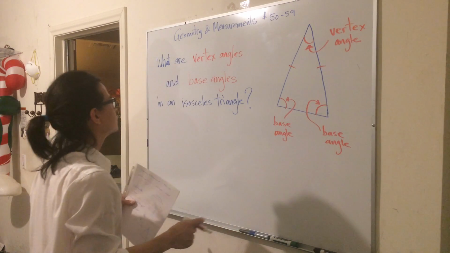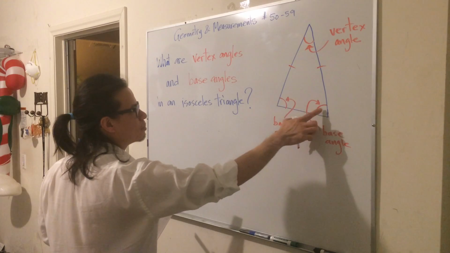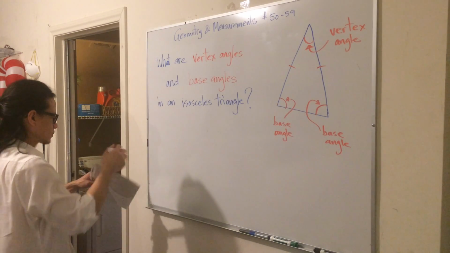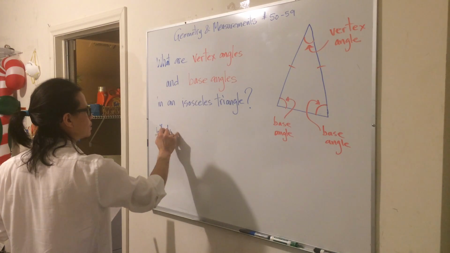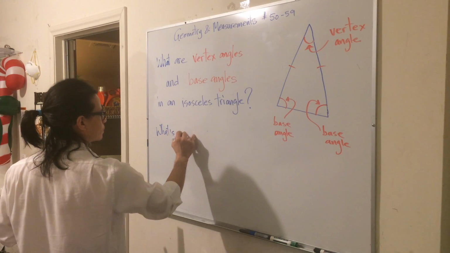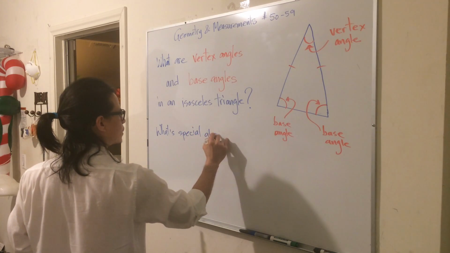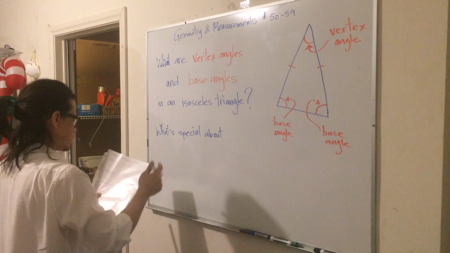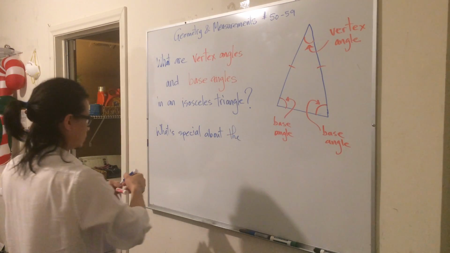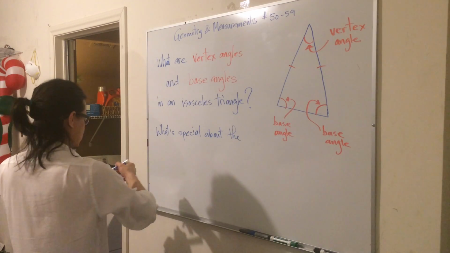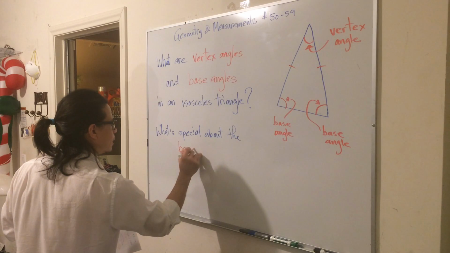And there it is. The reason we're mentioning this is because there's something special about these two angles there. Okay, so let's say, what's special about your two base angles? What's special about the base angle?